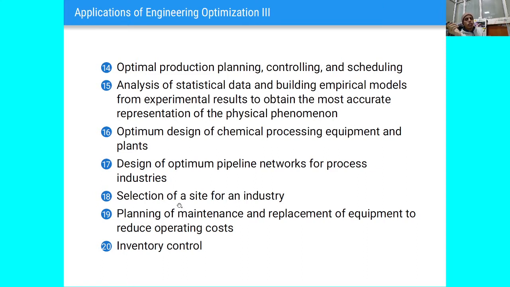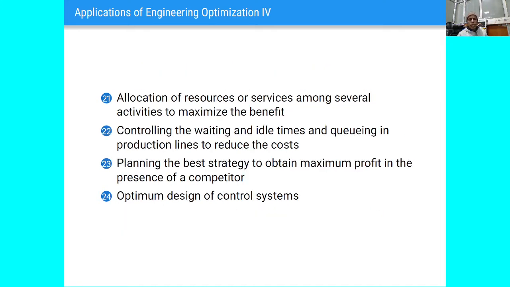Then we have selection of the site for an industry. There may be a number of variables on which the site of an industry may be decided. Then we have planning of maintenance and replacement of equipment in order to reduce operating cost. Then we have inventory control. So likewise, there are numerous application areas of engineering optimization.